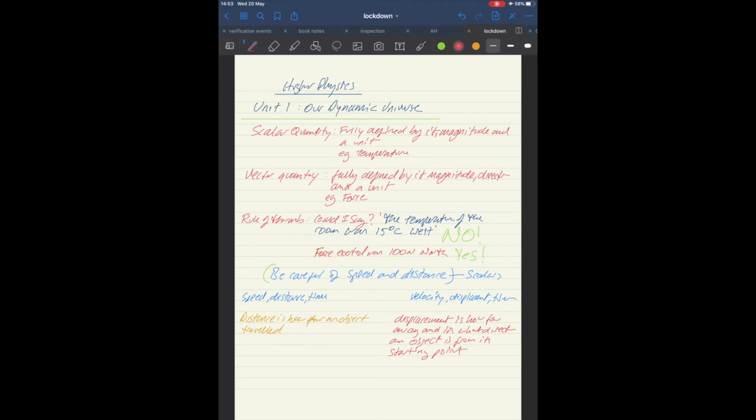Okay, so they're different things. So speed equals distance over time, and velocity equals displacement over time. So they're quite different.